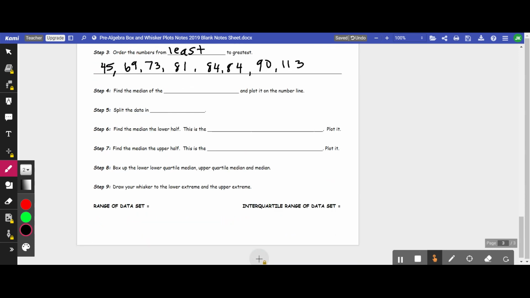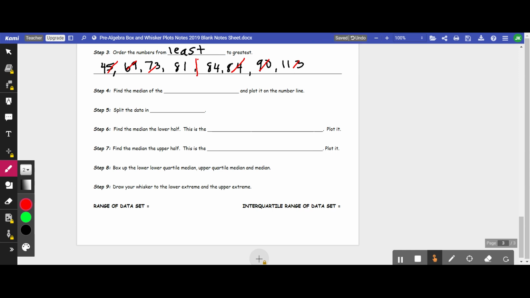Okay, so once you list your numbers from least to greatest, you're finding the median of your data set, which, remember, is your middle number when you put them in order from least to greatest. So you can cross off the largest and smallest values and work your way to the middle. You cross off these two to start, then your next pair, and then you have these two numbers, the 81 and the 84, left together.